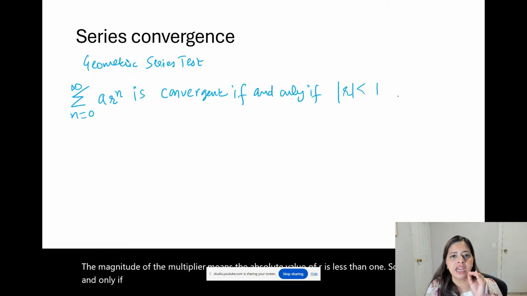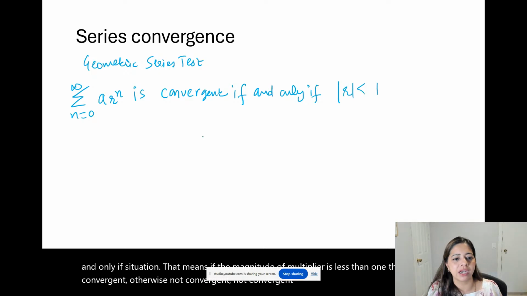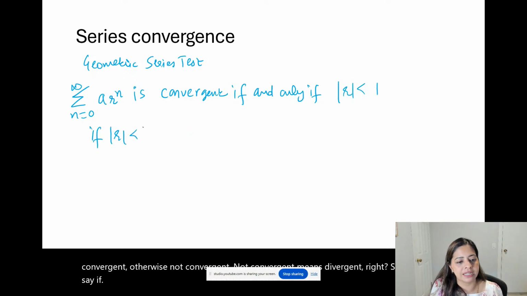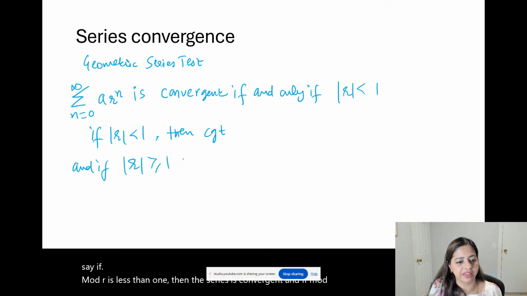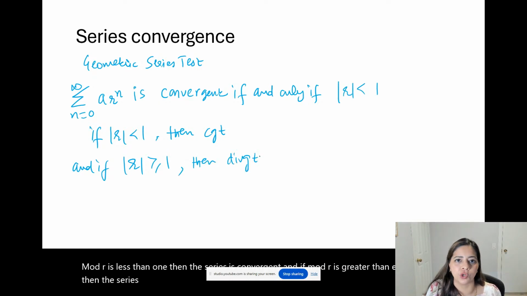That means if the magnitude of the multiplier is less than 1, then it's convergent. Otherwise, not convergent. Not convergent means divergent, right? So you can say if mod r is less than 1, then the series is convergent. And if mod r is greater than or equal to 1, then the series is divergent.